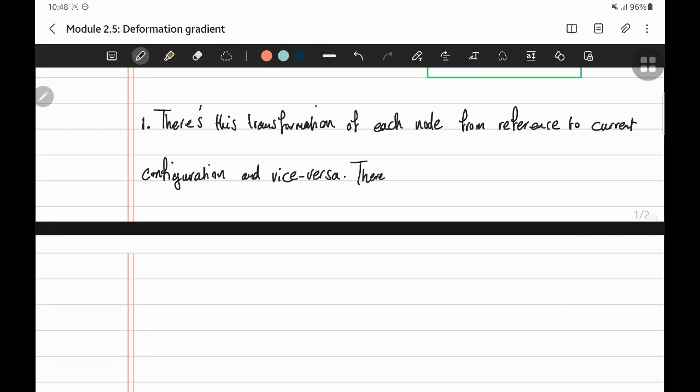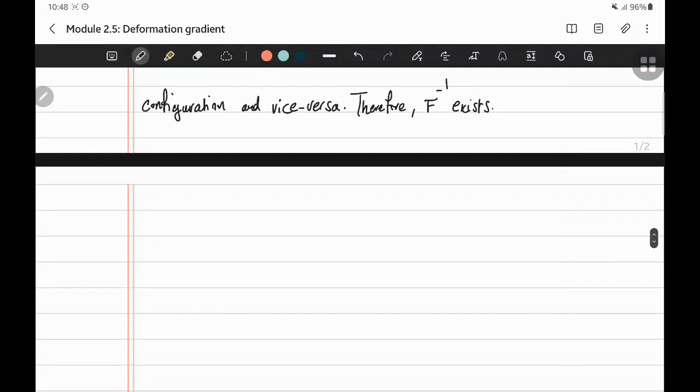Therefore, F inverse exists. This is very, very important. So you can switch between the current and reference configuration.